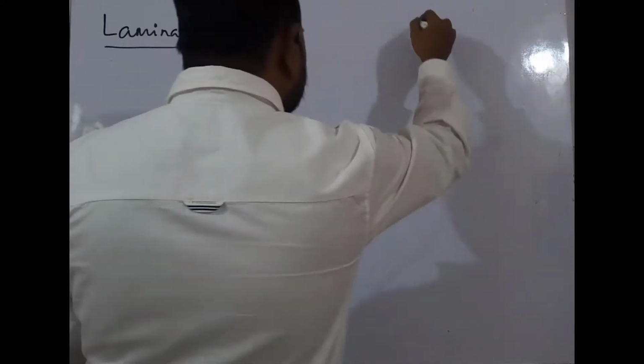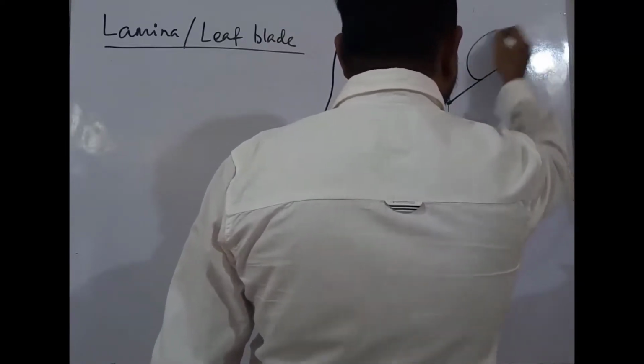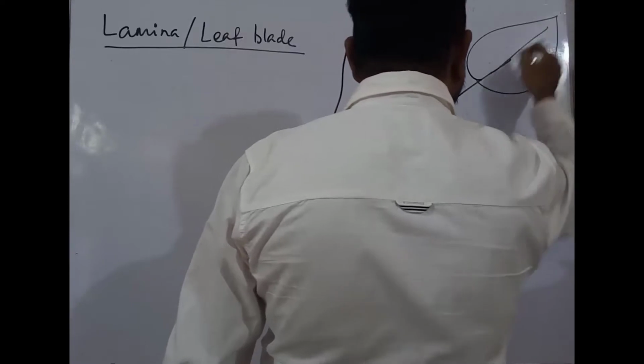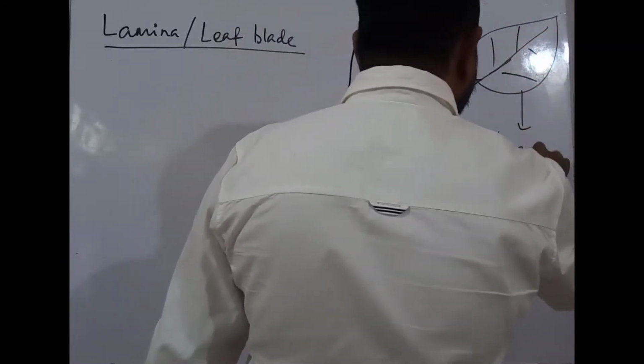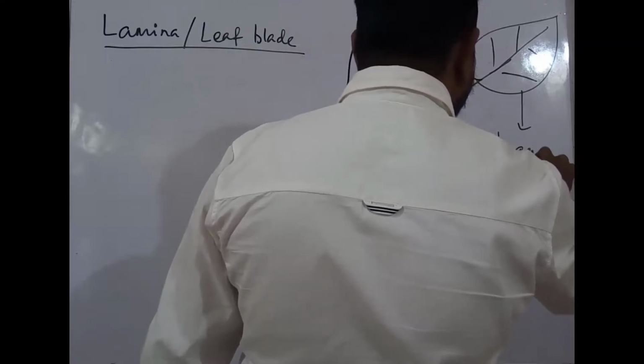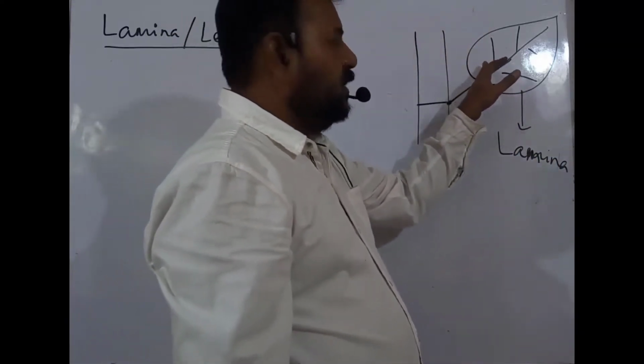As you know, the lamina is the expanding part. This is the petiole, this is the base petiole, and this one is lamina. It is a green expanded structure of the leaf.